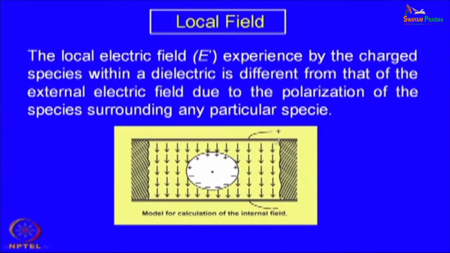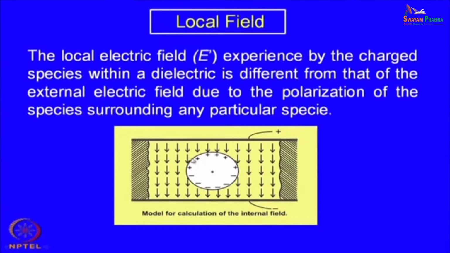Local field is different than what we apply from outside, and that is because all these things are dipoles. Okay. Dipoles have already been generated and they create some internal field in addition to the external field. So, the external field generates these dipoles, and these dipoles have an influence on the neighboring dipoles or neighboring charge.